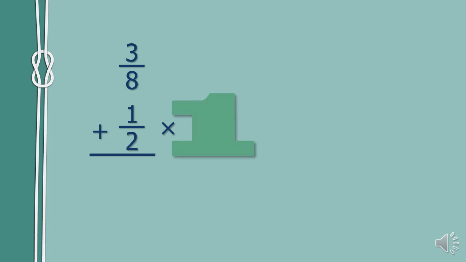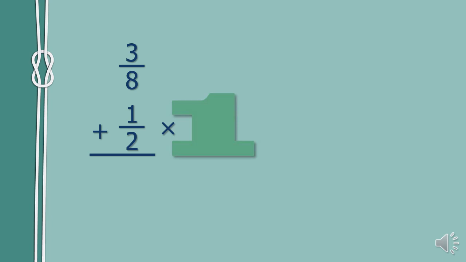So, 3/8 plus 1/2. We can see, if we look carefully, that these two fractions are not like fractions because their denominators are different. But we know that we can use the identity principle for multiplication to put the fractions into like terms.